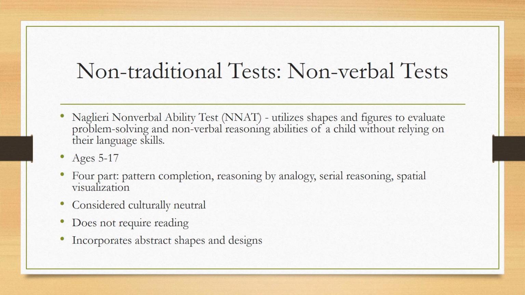So unlike some of the other tests, it doesn't have items that reference cultural norms that these students wouldn't be familiar with. It does not require reading, and it incorporates abstract shapes and designs. So many programs that want to identify underrepresented students have begun to use or incorporate the NNAT instead of the traditional WISC IQ test.